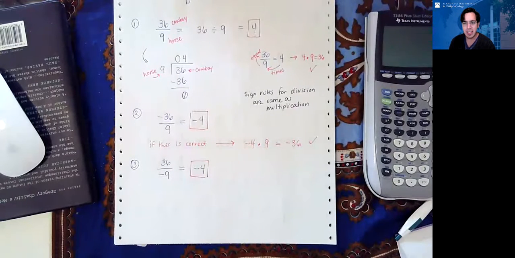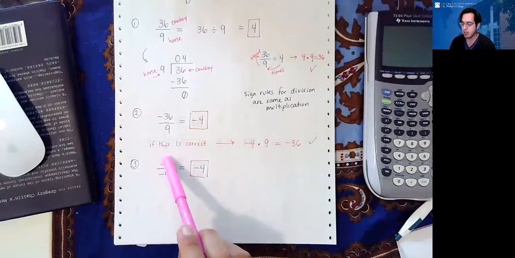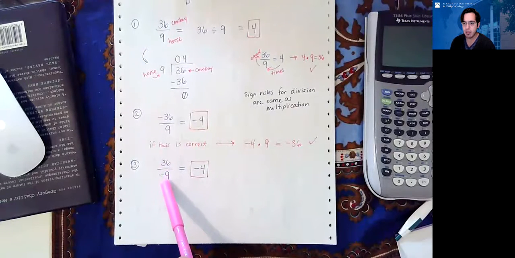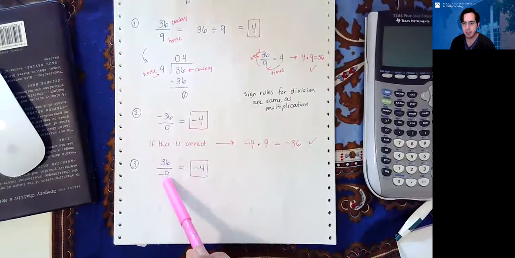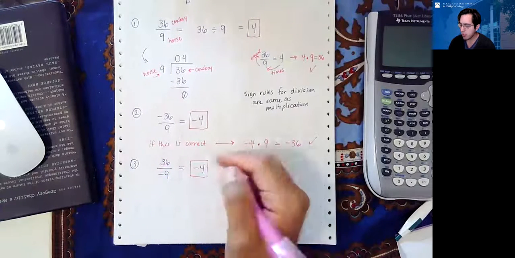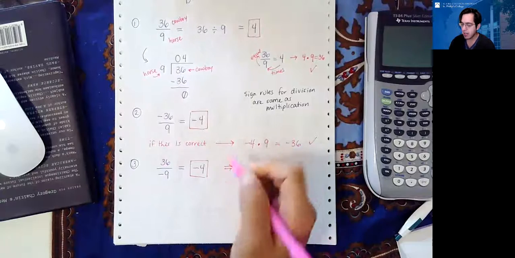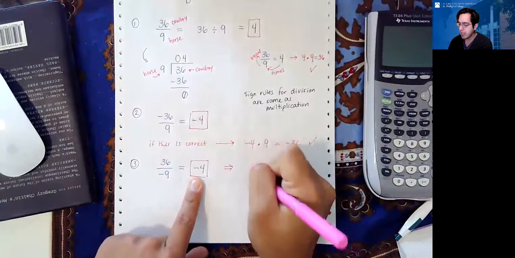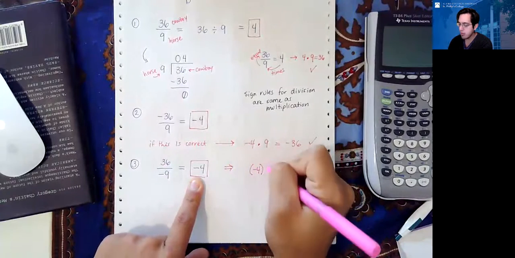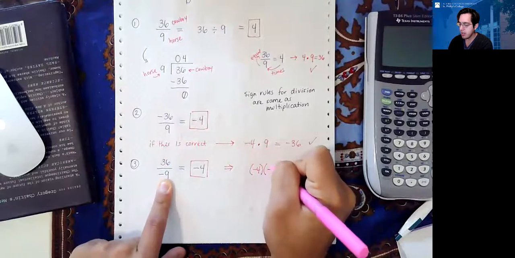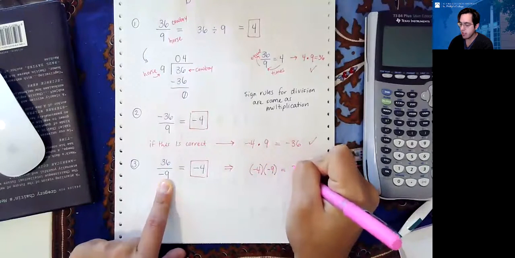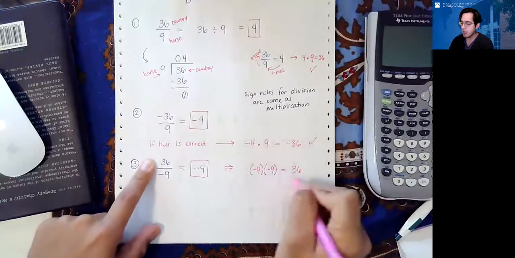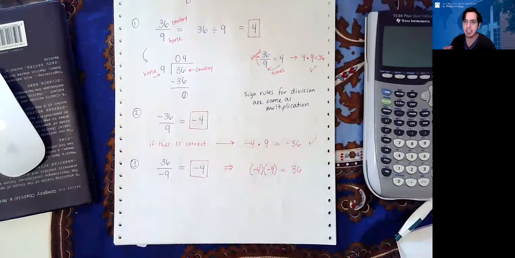Okay, and again, the sign rules for division are the same as multiplication. So if I have a positive divided by a negative, then I should get a negative because they're different signs. But again, we could say that this should be correct if I can take -4, multiply that by -9, and I should get +36. If that is true, then I did this division correctly.